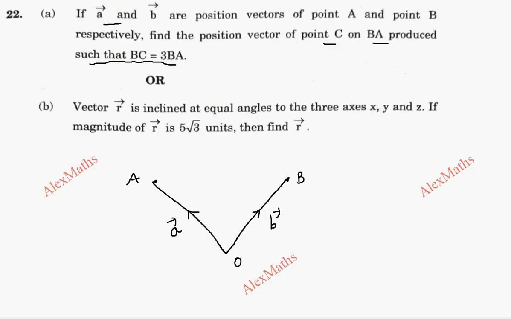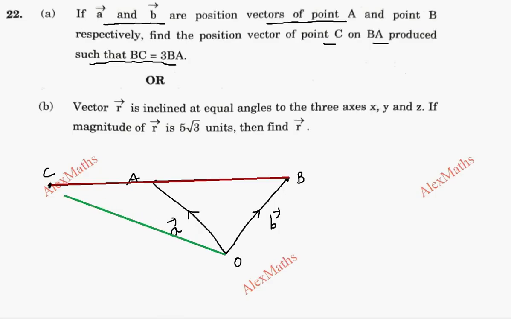If a vector and b vector are the position vectors of point A and B, find the position vector of C on BA produced. When it is said BA produced, from here we extend this and C is here, and we have to find this OC vector.